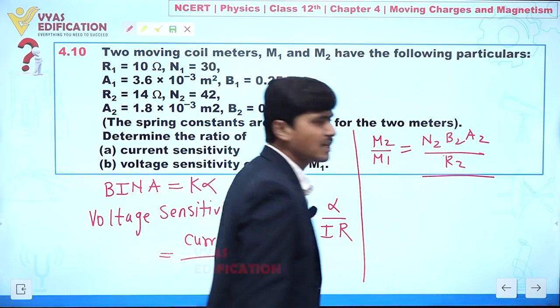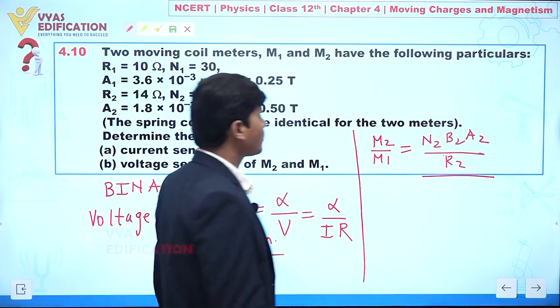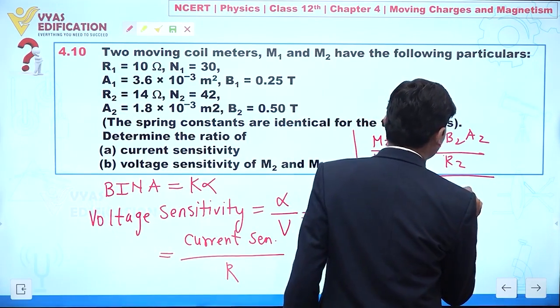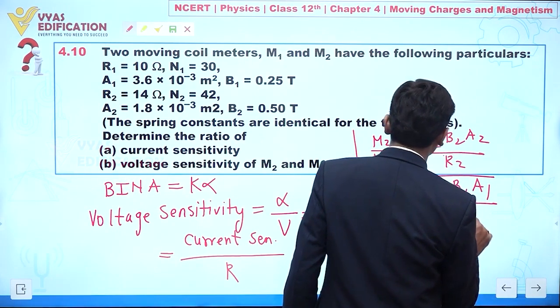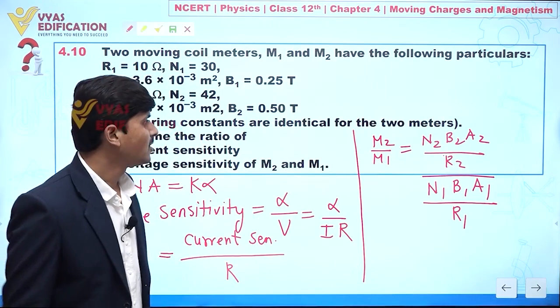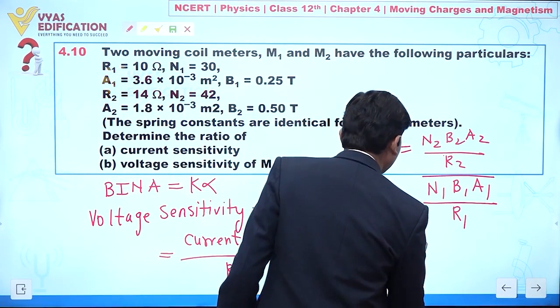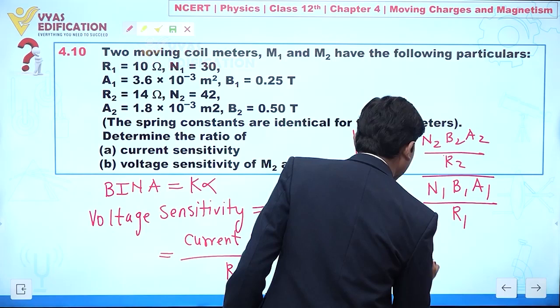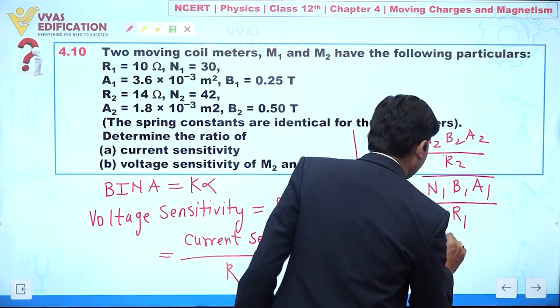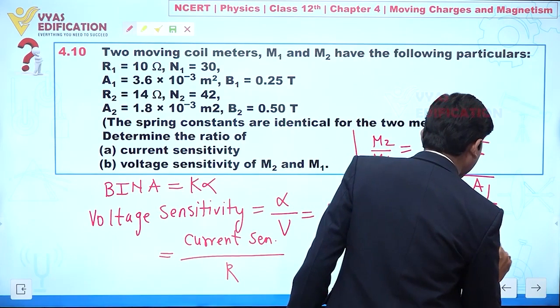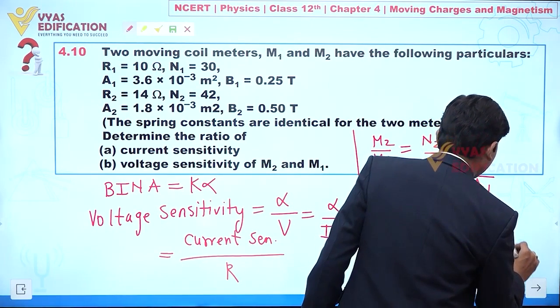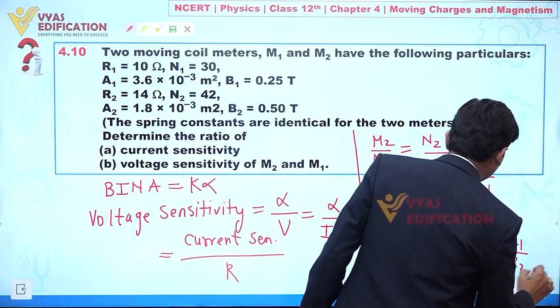Now we can write the same for galvanometer M1: N1 B1 A1 divided by R1. So from here we can write N2 by N1, B2 by B1, A2 by A1, and R1 by R2.